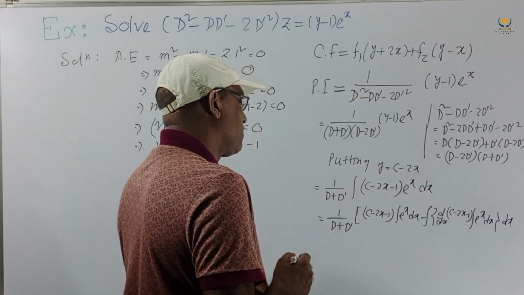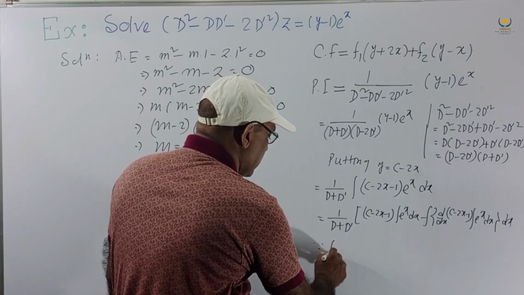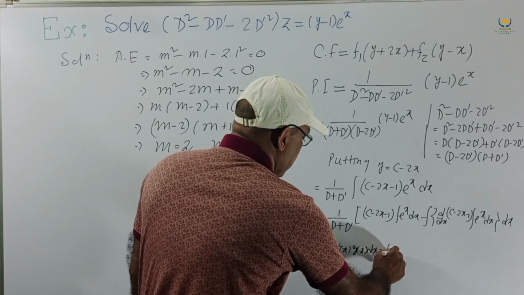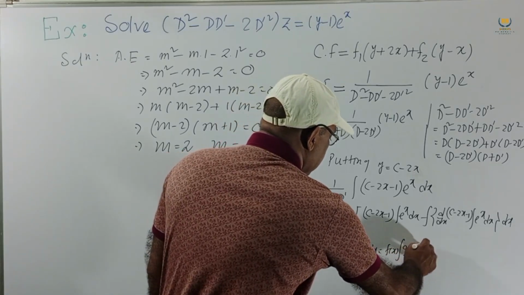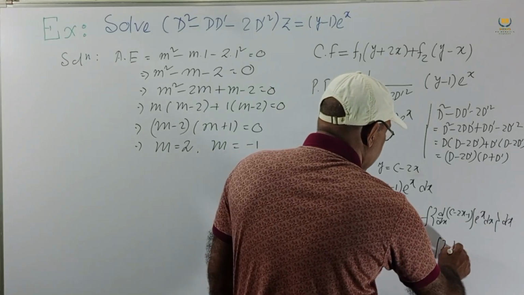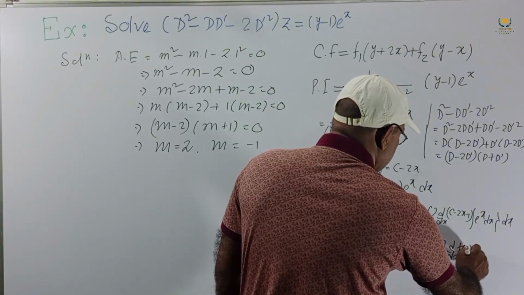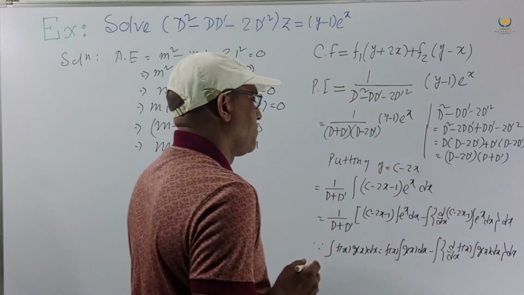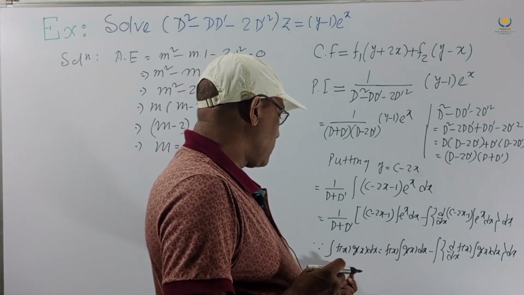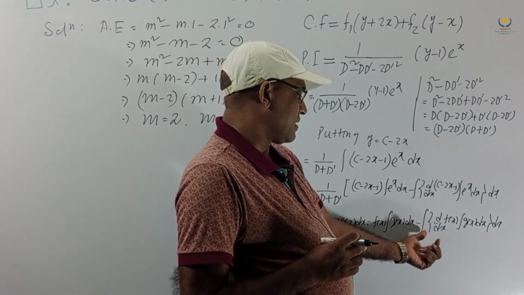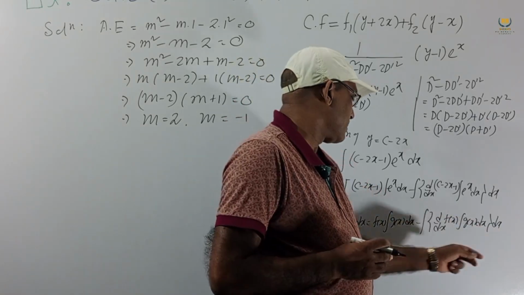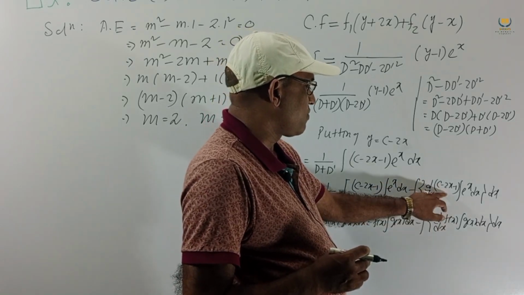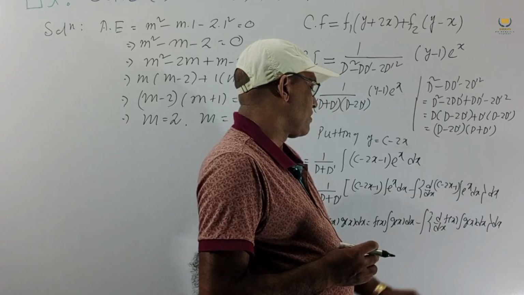We know this by parts formula: first function into integration of second minus integration of d/dx of first into integration of second dx.